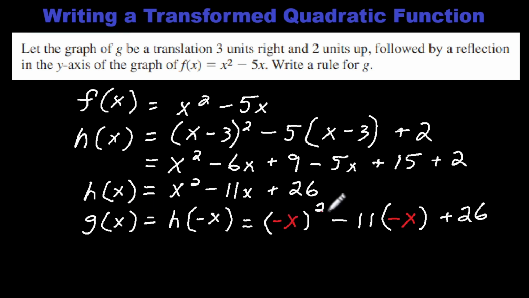So I've replaced x with minus x. And then when I actually multiply minus x times itself, I'm simply going to get x squared again. And this is minus 11 times minus x, so it becomes plus 11x. And nothing changes here because it's a constant. So this would be our g of x.